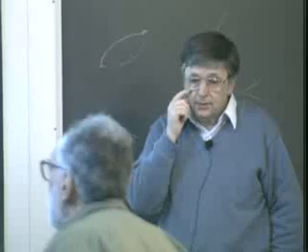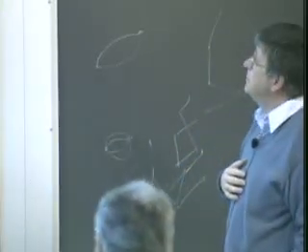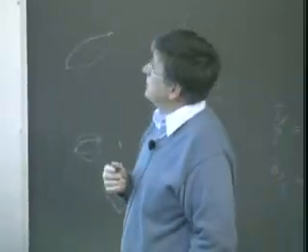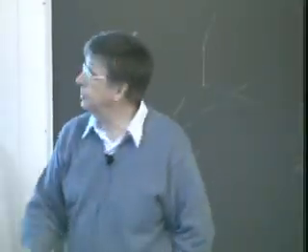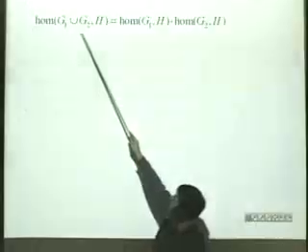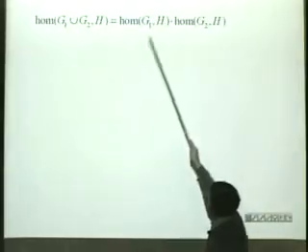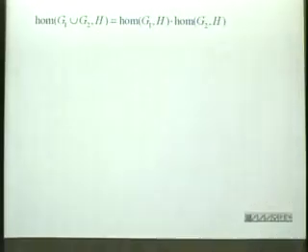This function hom(G,H) satisfies some simple properties. If you take the disjoint union of two graphs, then you can, of course, independently map them into H, so the number of homomorphisms is just multiplied.